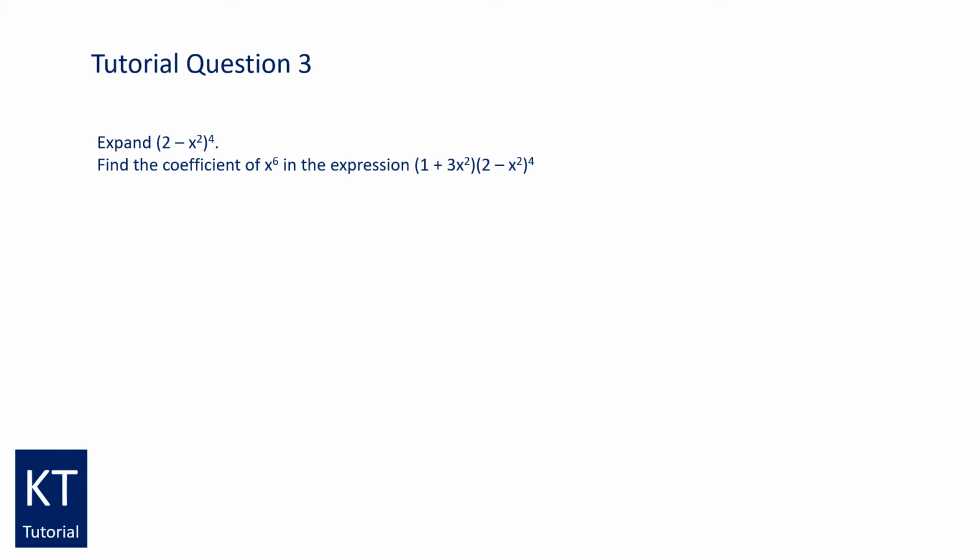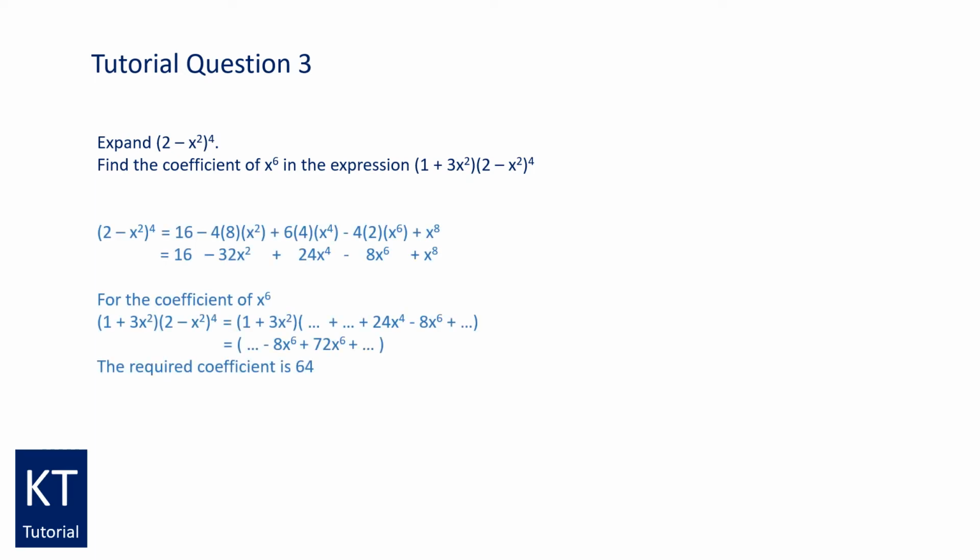Tutorial question 3. Expand (2 minus x squared) with the order of 4 and find the coefficient of x to the power of 6 in the product of (1 plus 3x squared) and (2 minus x squared) with the order of 4.